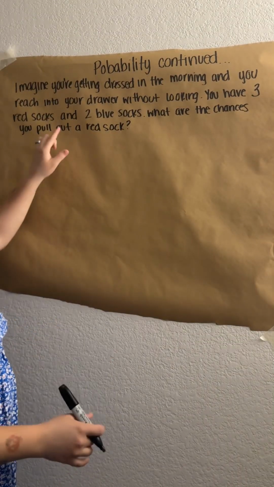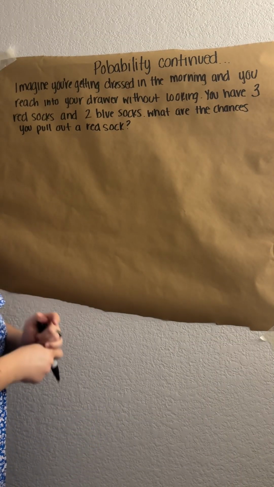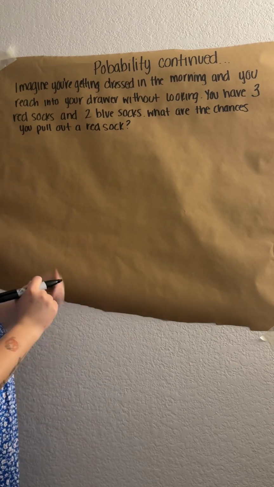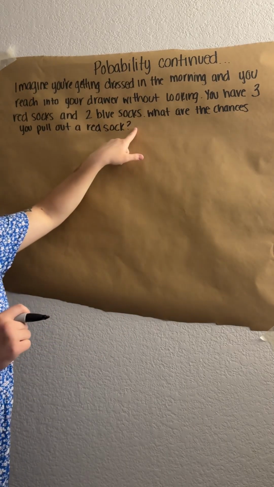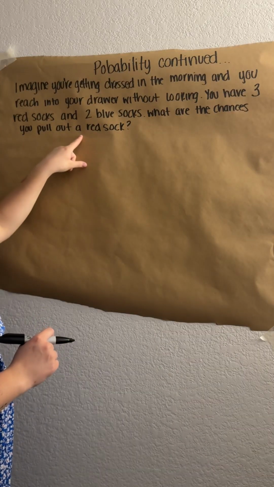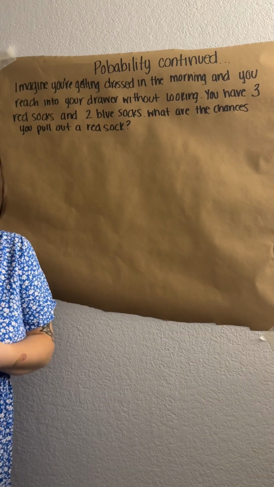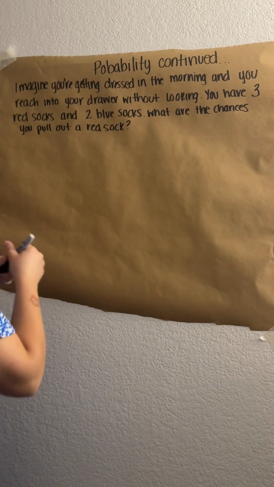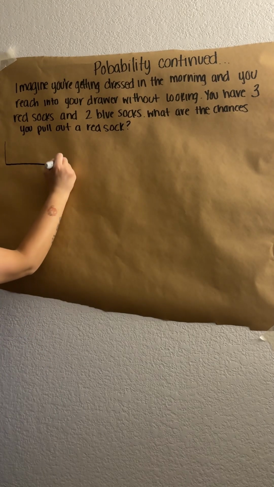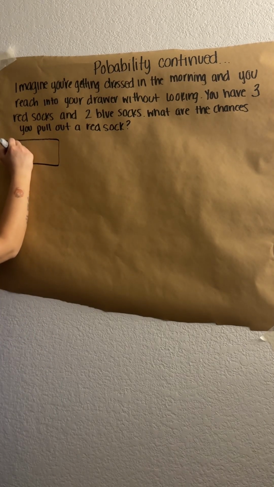Up here it says, imagine you're getting dressed in the morning and you reach into your drawer without looking. You have 3 red socks and 2 blue socks. What are the chances you pull out a red sock? So let's do a little visual real quick. Let's pretend we have a drawer and some socks.